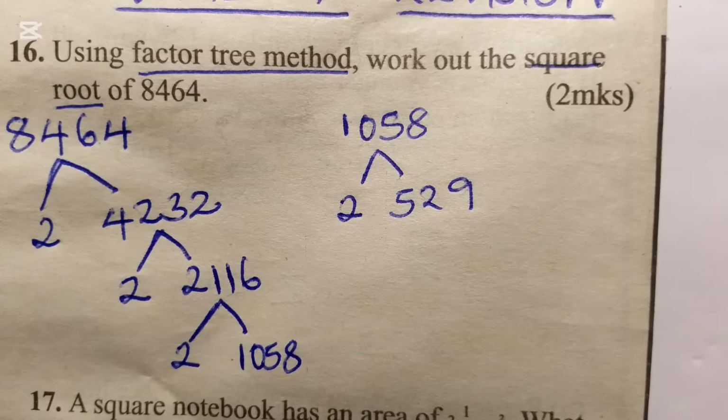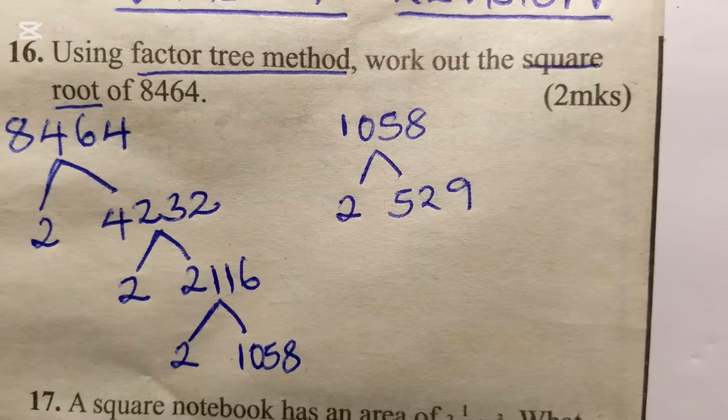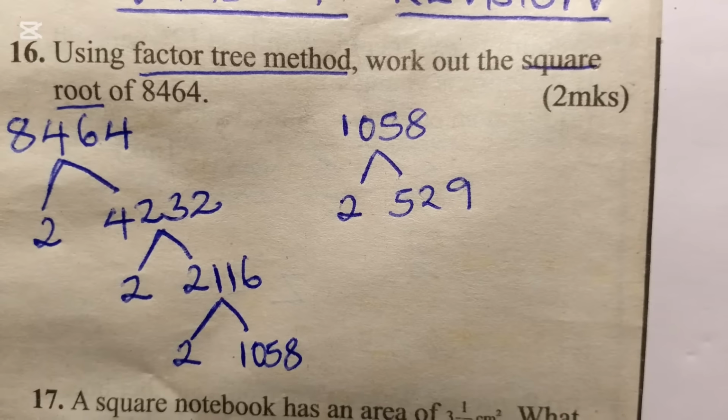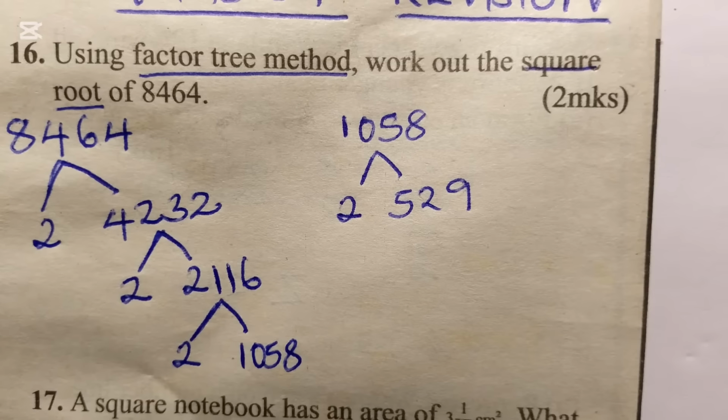It's neither divisible by 3, because dividing by 3, the next prime number, we are going to get a decimal.